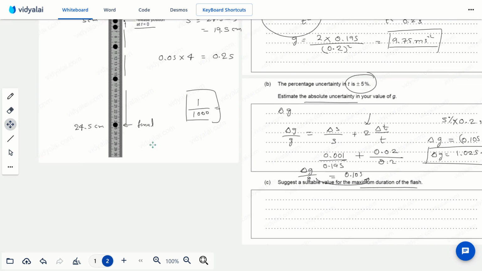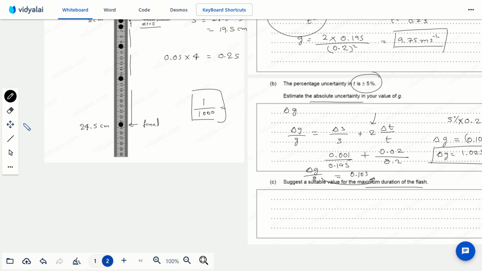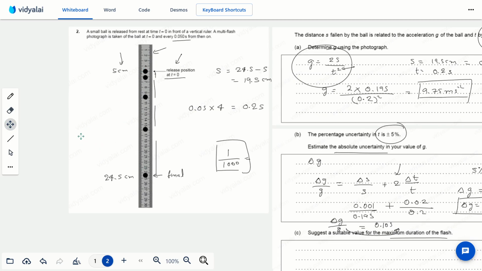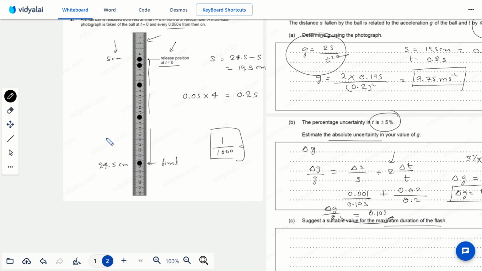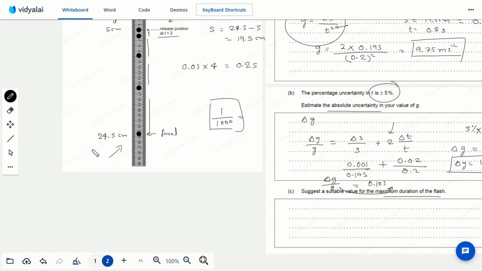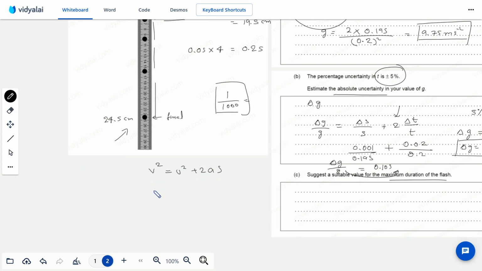So we need to find out how fast it's moving, or its fastest velocity in all four of these positions. And it's fastest at its bottom-most position. So I'm going to calculate the velocity at this point. I can do that by using v squared equals u squared plus 2as, which is one of the SUVAT equations. The final velocity is what we need to find out.